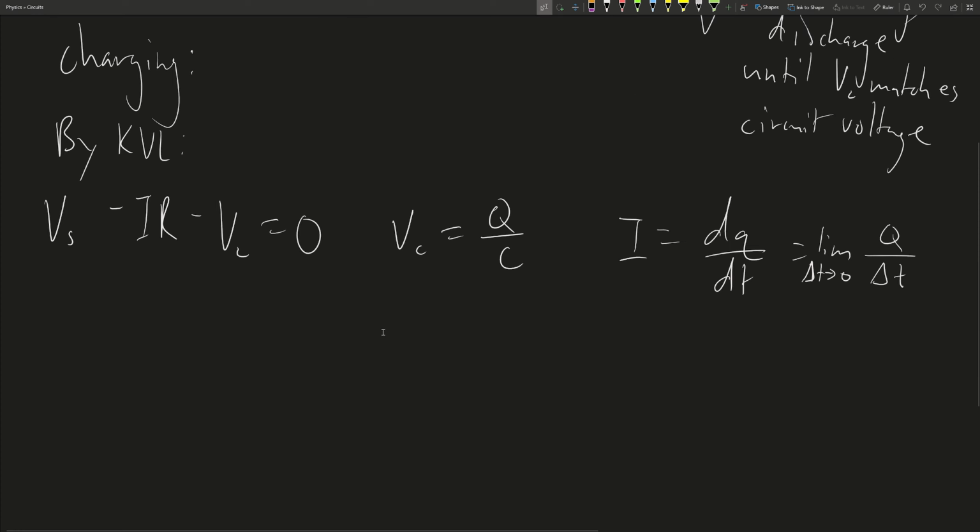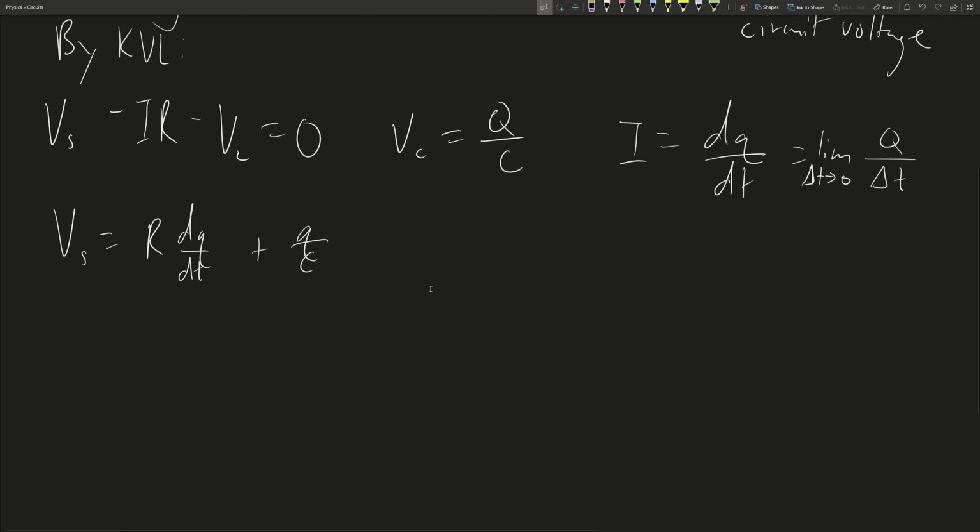And then when we do these two substitutions, we get that Vs is equal to R dQ over dt plus Q over C. And now we just have a differential equation.